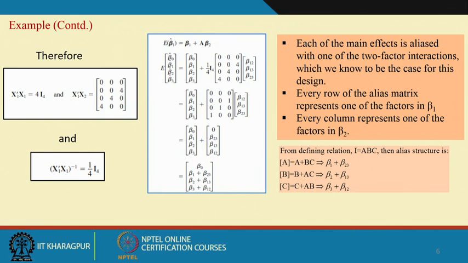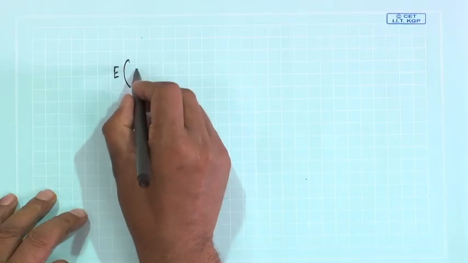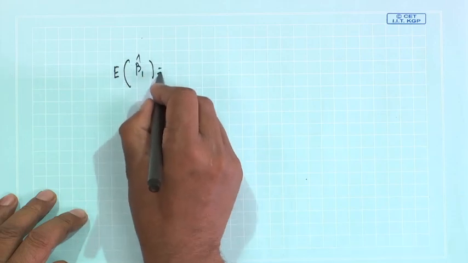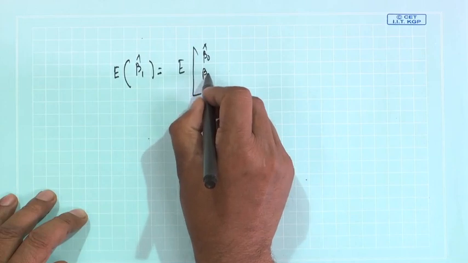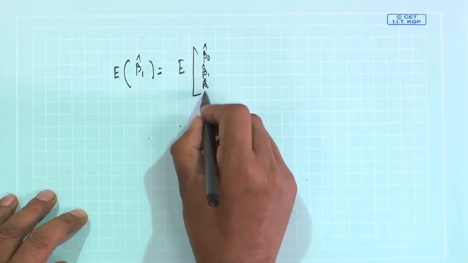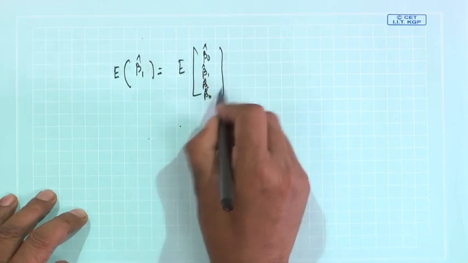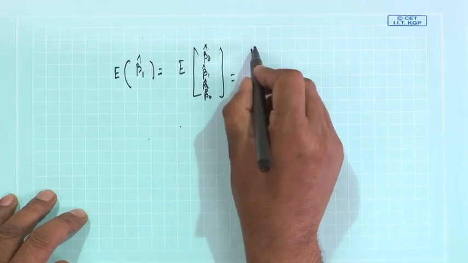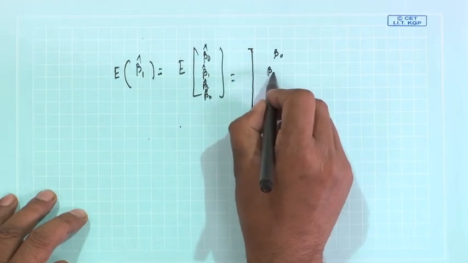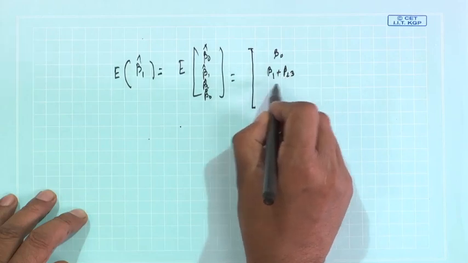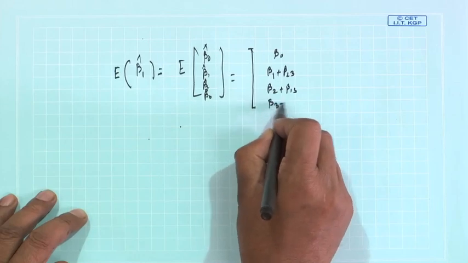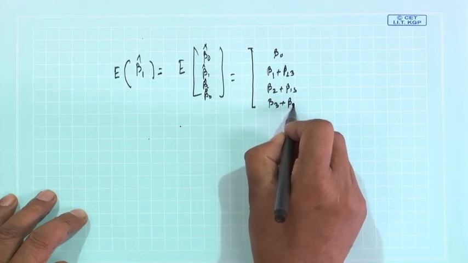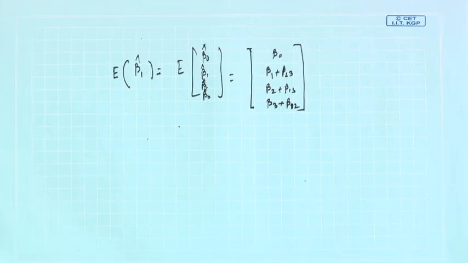So, then what is the final one? The final one is the expected value of beta 1 hat, which is the expected value of beta 0 hat, beta 1 hat, beta 2 hat, beta 3 hat. This you finally got: beta 0, then beta 1 plus beta 23, beta 2 plus beta 13, and beta 3 plus beta 12. That is what you are getting.